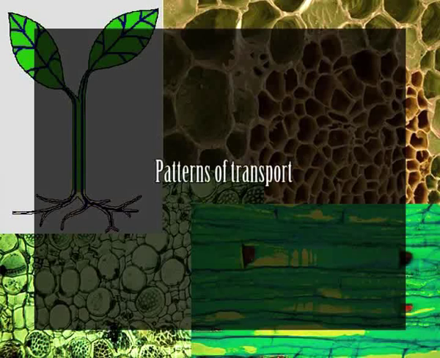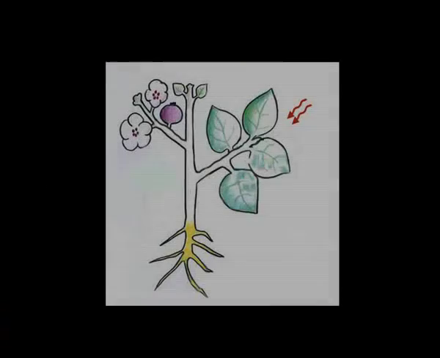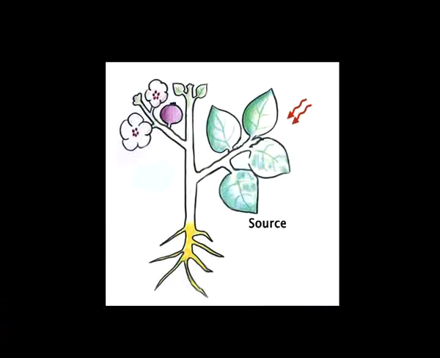Now, patterns of transport. Transport in phloem does not occur exclusively in either an upward or downward direction. Rather, it occurs from areas of supply called sources to the areas of metabolism or storage called sinks.